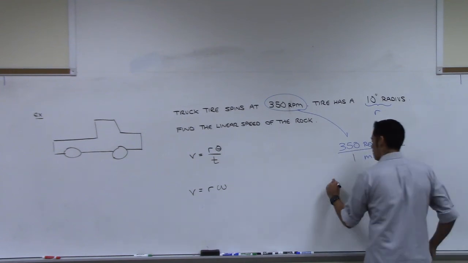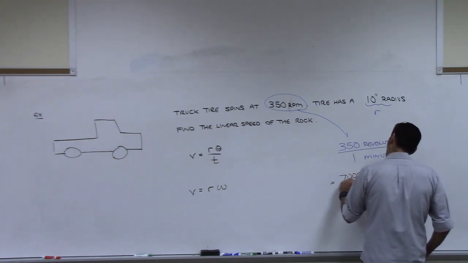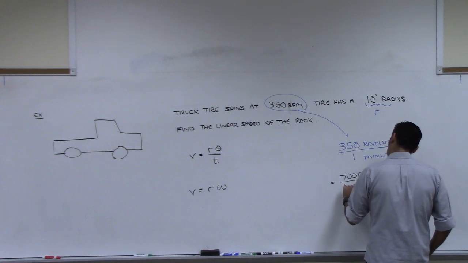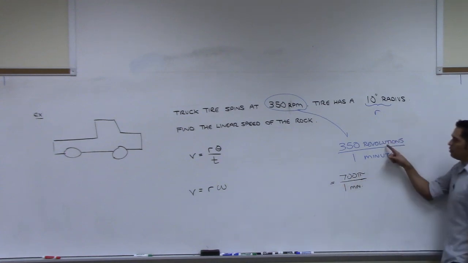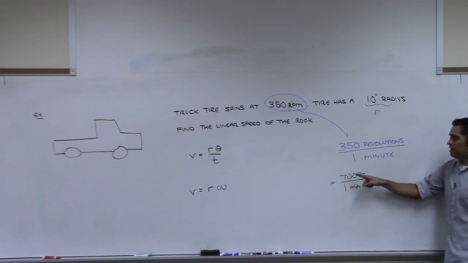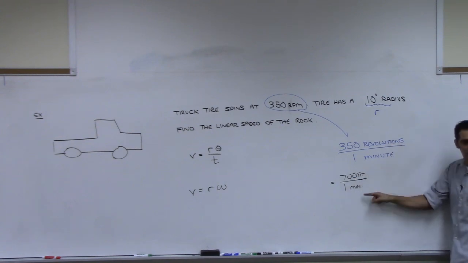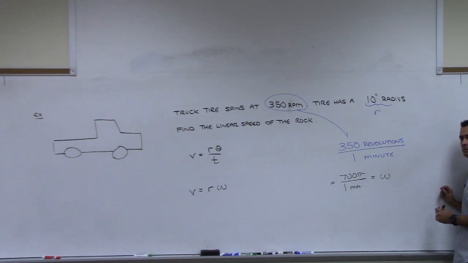So we have 700 pi per 1 minute. And that's it. Notice that the revolutions are gone. We're doing 700 pi radians per minute. That's how it's converted over, and this is omega. Are you all with me on that?